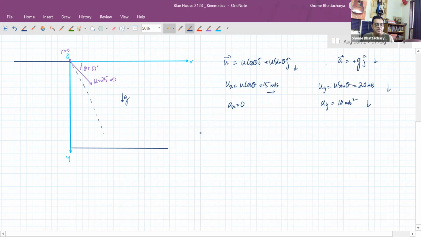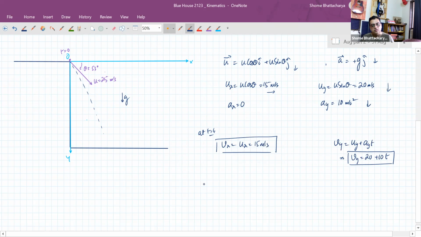Okay, so now we can see that at some time t, the velocity's horizontal component will remain ux, which is 15 meters per second. The velocity's vertical component will become uy plus ayt. So that will become 20 plus 10t as a function of time.